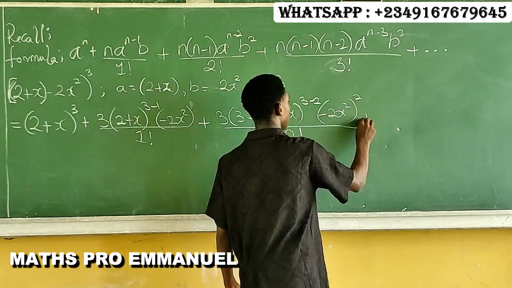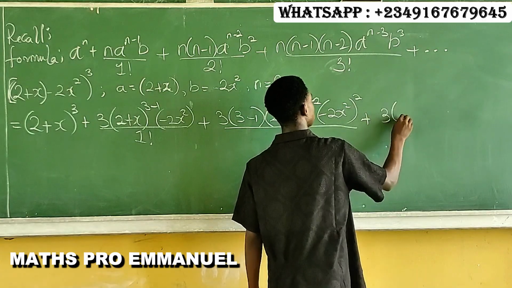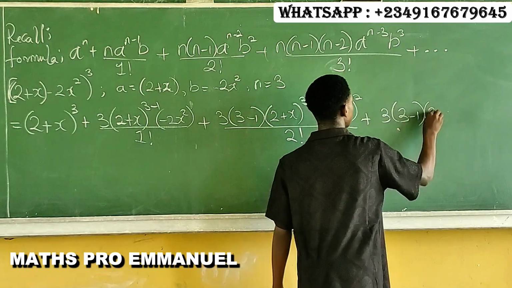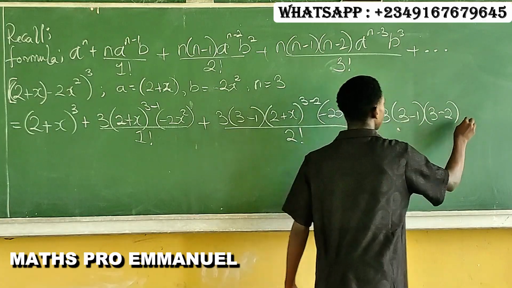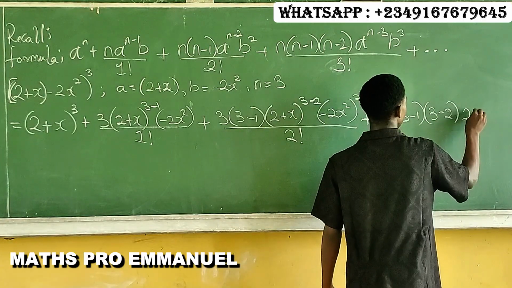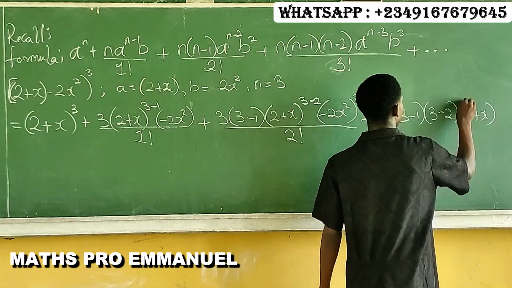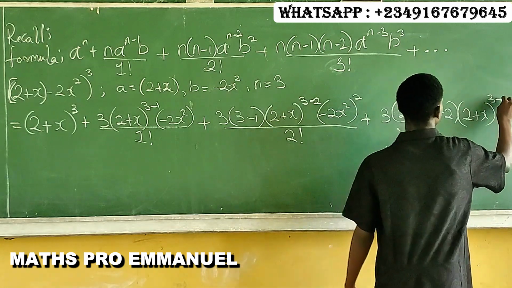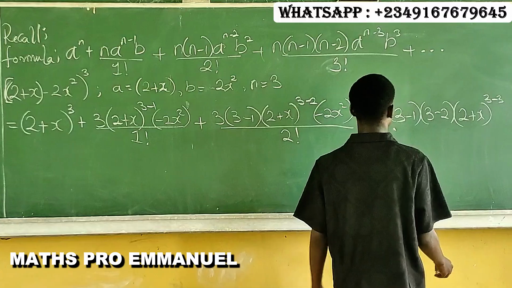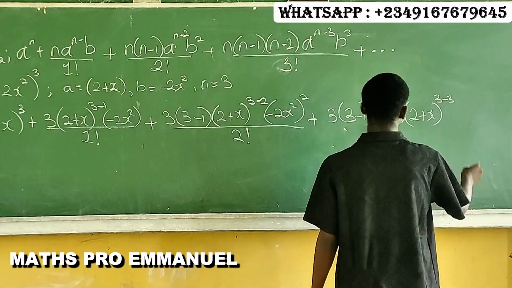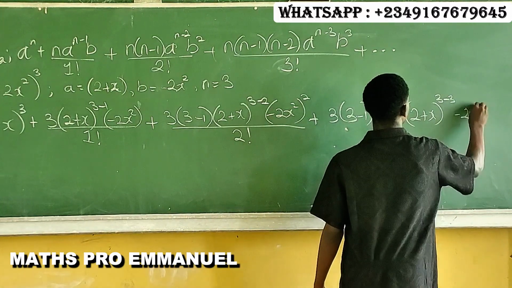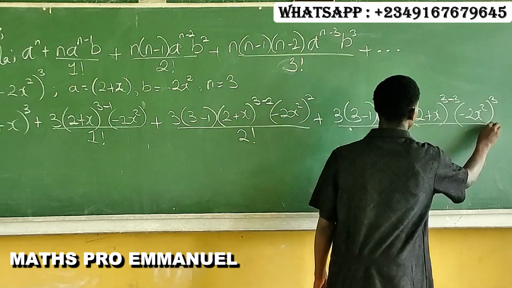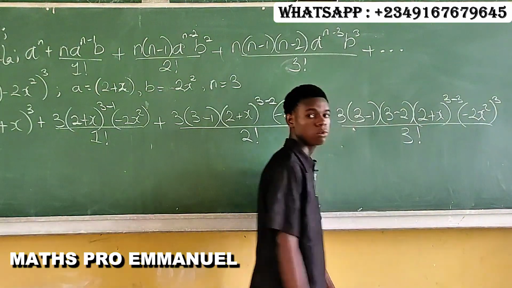Moving on, I'll have 3 multiplied by 3 - 1, then n - 2, that is 3 - 2, then a, which is 2 + x, raised to the power of 3 - 3, then b, that is -2x², all raised to the power of 3, all over 3 factorial.